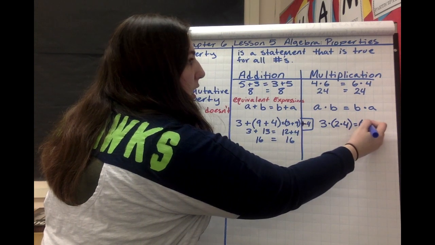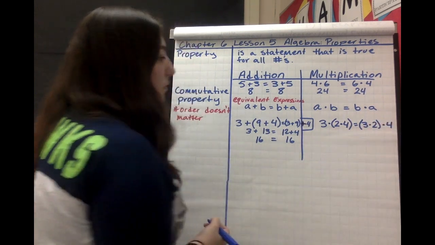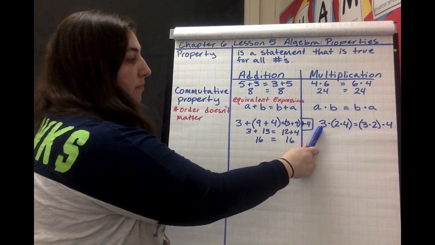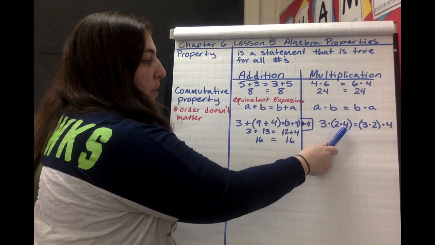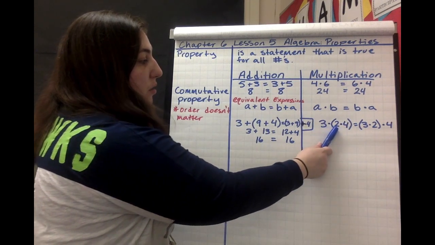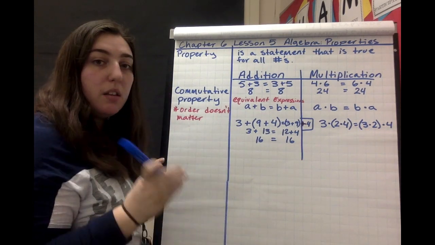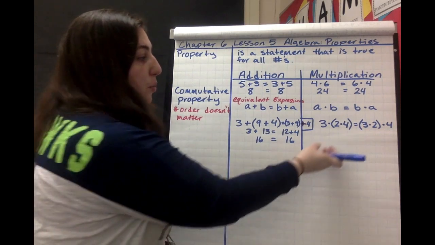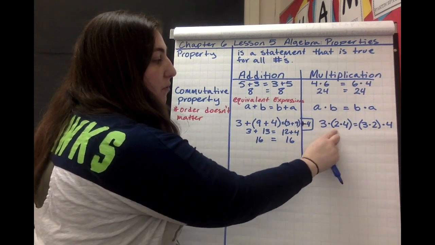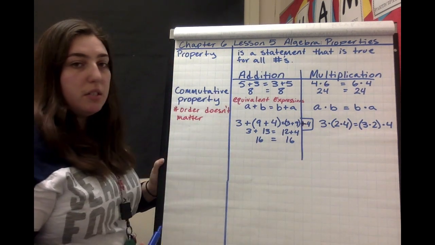Notice something here. I'm using the same numbers on both sides of the equation: 3, 2, and 4. The one thing that's different is that the parentheses are in a different spot. Here I have 2 times 4 in the parentheses, and here I have 3 times 2 in the parentheses.